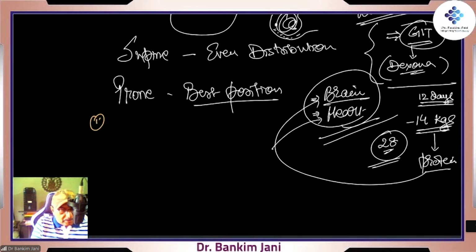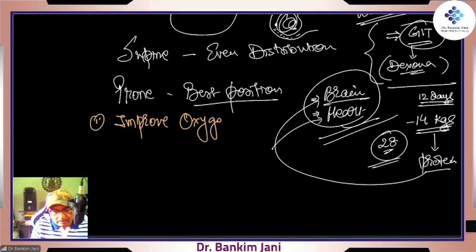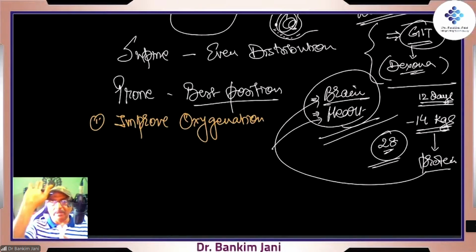One, this will improve oxygenation. The oxygenation is improved because, see, when we are standing, or when we are supine, the abdominal organs are expanding, so they'll press the diaphragm up.